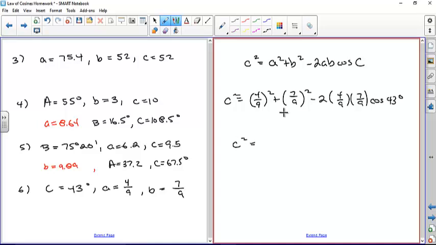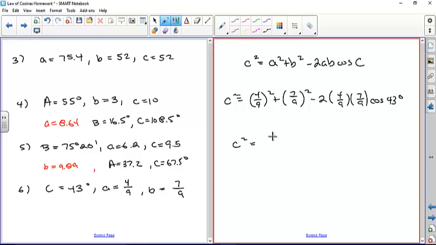So let's plug that in. 4 divided by 9 is that, square it, plus 7 divided by 9 squared, minus 2 times 4 divided by 9 times 7 divided by 9 times the cosine of 43 degrees.